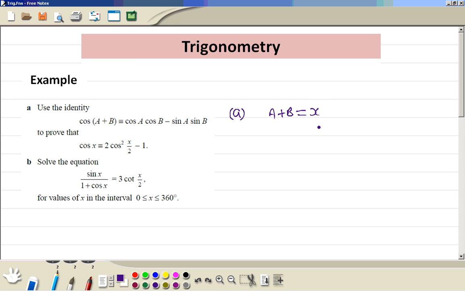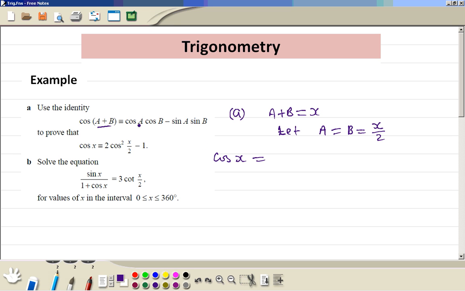So we can let a equal to b, and then that's equal to x over 2. So now the left hand side, a plus b, is basically cosine of half x plus half x, which is 1x.